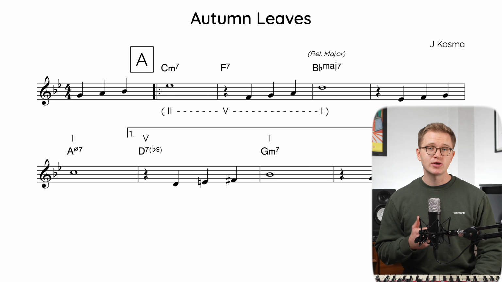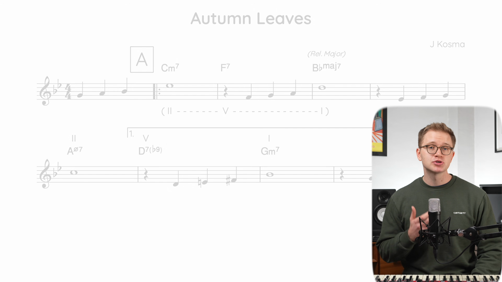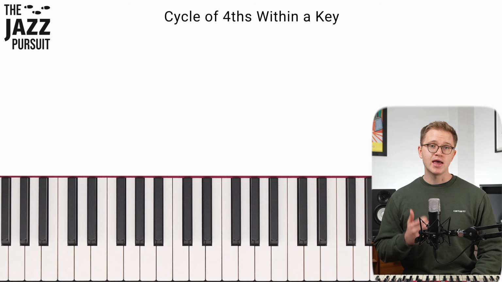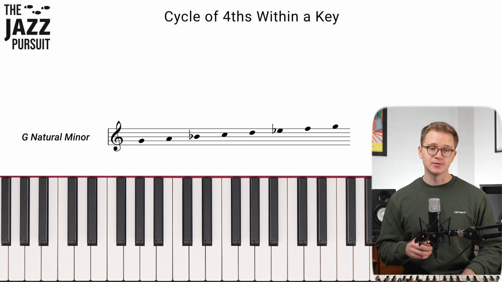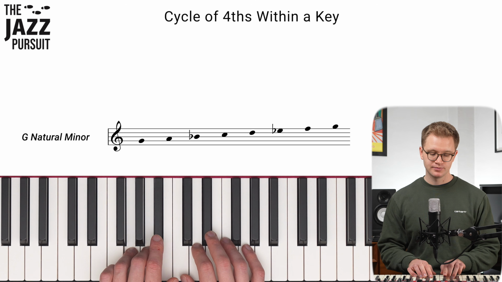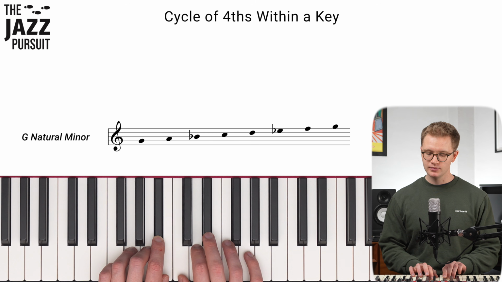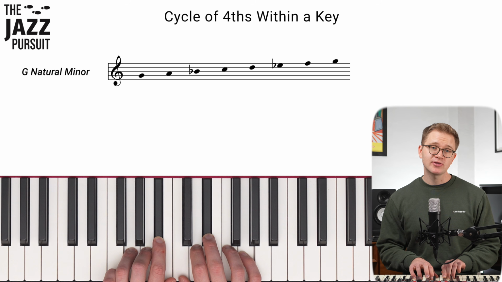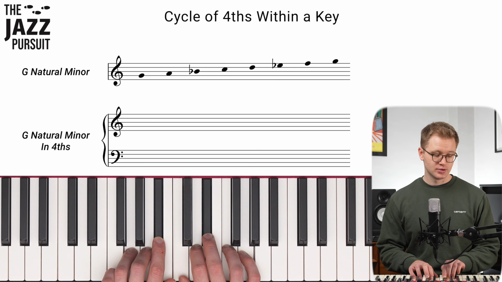Before we check out the rest of the tune, there is one more chord that we need to add to the A section. But to unlock it, we've got to understand the cycle of fourths within the key. Here's the G natural minor scale. And now I'm going to stack these notes in fourths.